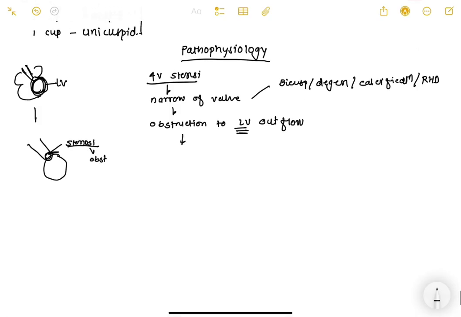Due to this, there will be increased left ventricular pressure. This is the stenosis, so the pressure here will be increased, right? So what will happen due to pressure? There will be an increase in muscle mass, that is hypertrophy.